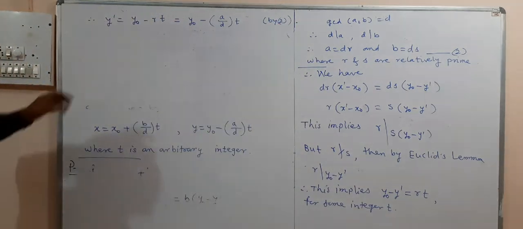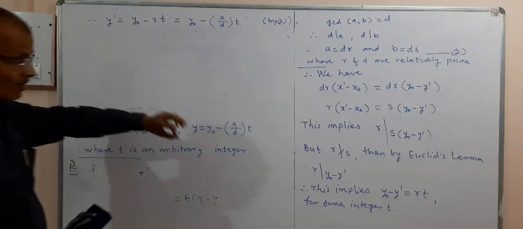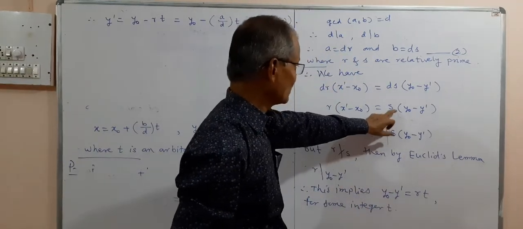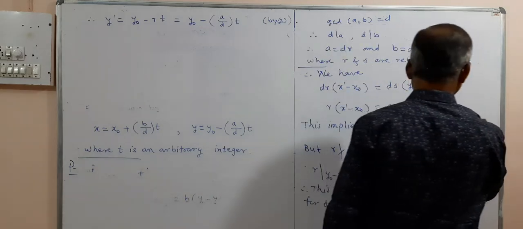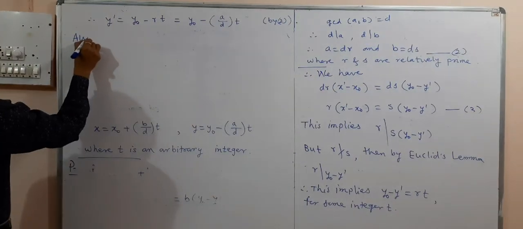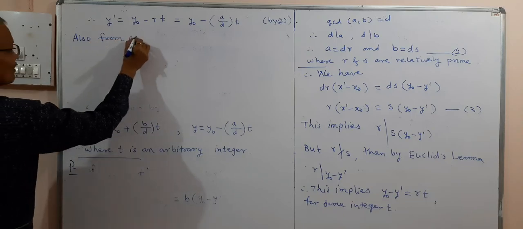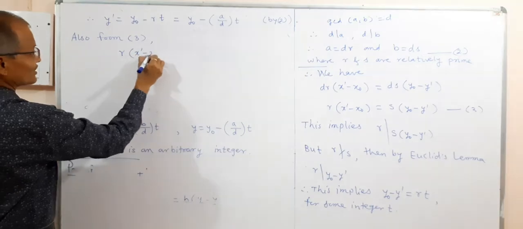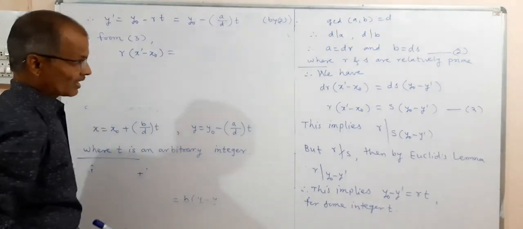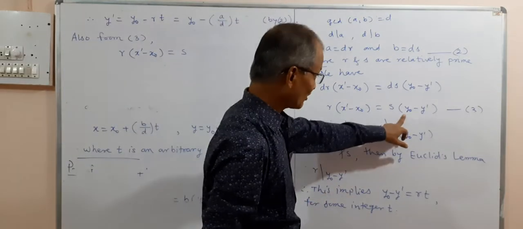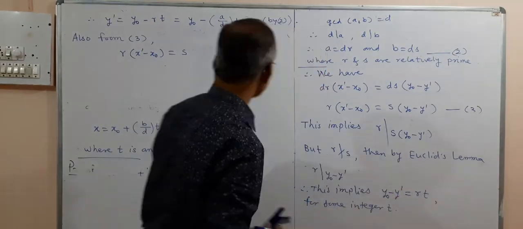And now we have this value y naught minus y dash is equal to rt. Put it here in this relation 3. Also from 3, we have r into x dash minus x naught is equal to s into y naught minus y dash, which is rt, so s r t.